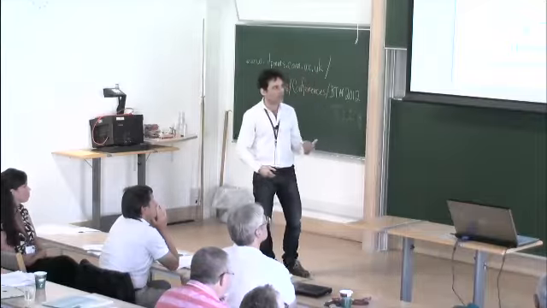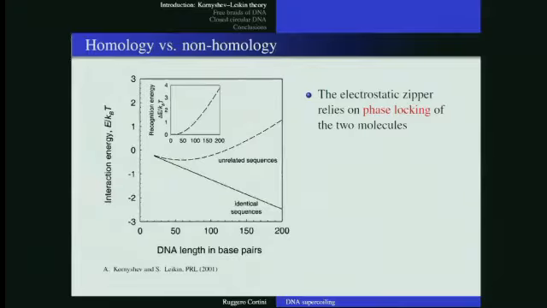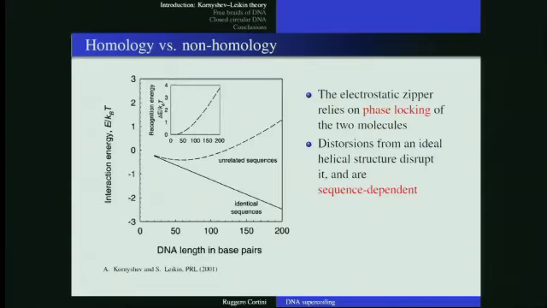Now it turns out that the distortions from the ideal helical lines are sequence dependent. So this tells you that the mismatch between the alignment of positive and negative charges is accumulating for non-homologous sequences and is staying the same for homologous sequences.